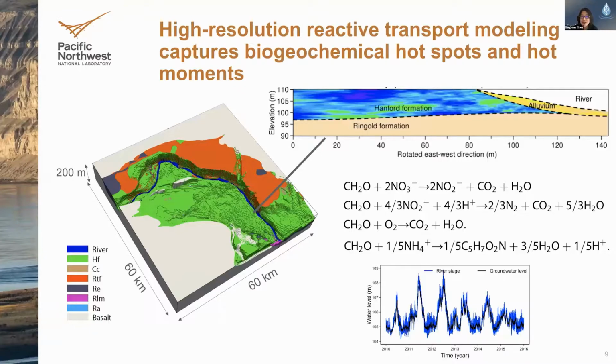You can imagine we cannot do that at the 100 meter by 100 meter by 2 meter resolution we used for the hydrologic exchange flow, because not everywhere is reactive. So what we did was to first see how the biogeochemical hotspots and hot moments look within a refined domain with very high resolution.